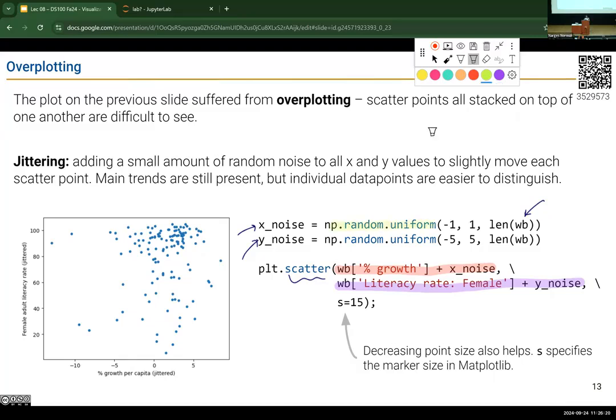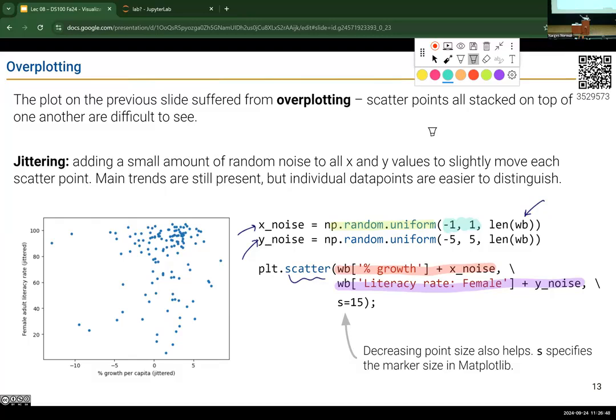So this is a random generator function, which essentially, what we're doing here is that we're saying, go ahead, create values randomly and generate them with a uniform distribution between the range of -1 and 1. And then how many I want for each one of the numbers. So the number of randomly generated values that you're creating should be the length of the word bank data frame.